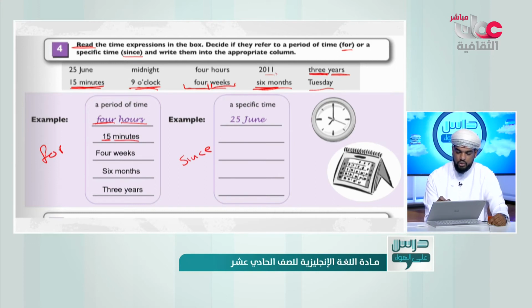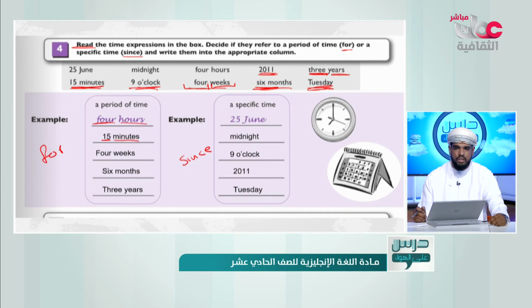We have 2011, a date. Here a starting specific time. So midnight will be with since. Also 9 o'clock will be with since. 2011, a date, will be with since. And Tuesday, a specific time, will be with since.